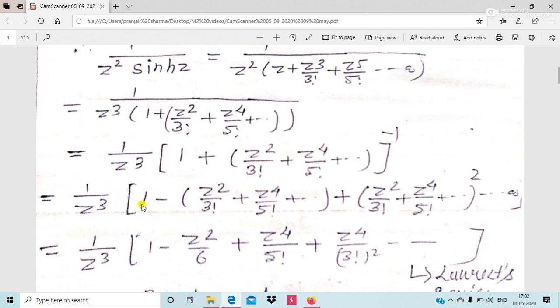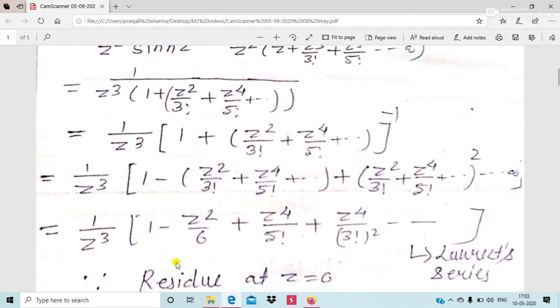Now if we calculate this bracket, the term of z square is 1 minus z square by factorial 3, which is 6, and the next term is z to the power 4 by factorial 5 plus the square of z to the power 4 by factorial 3, and so on up to infinity. So this is the series, and when we open the bracket, it has some negative powers of z also. Therefore this series is a Laurent series.